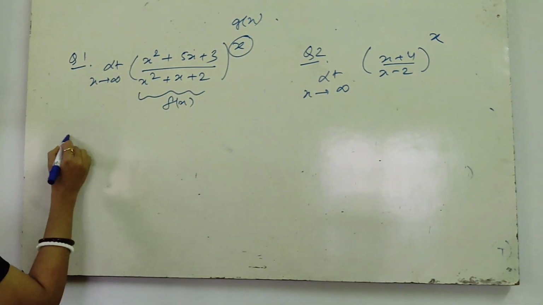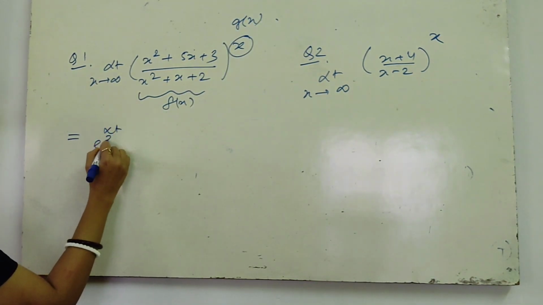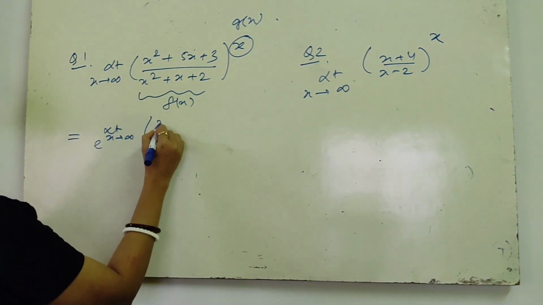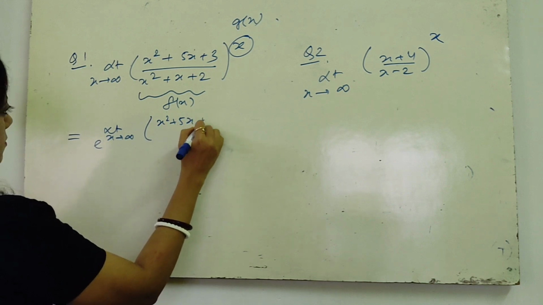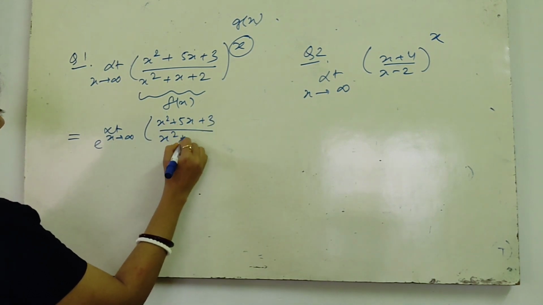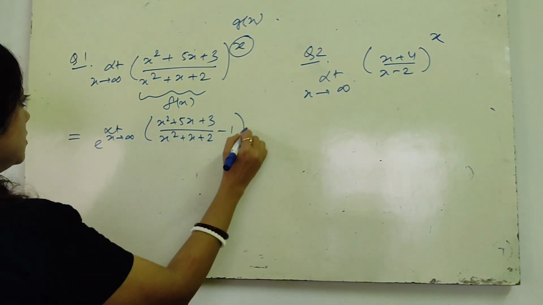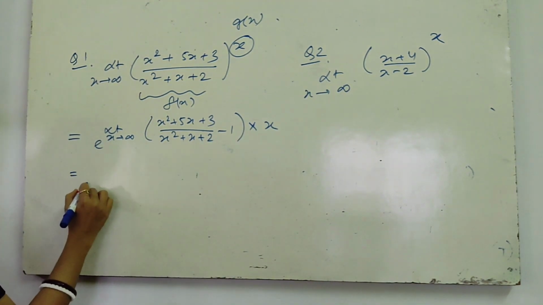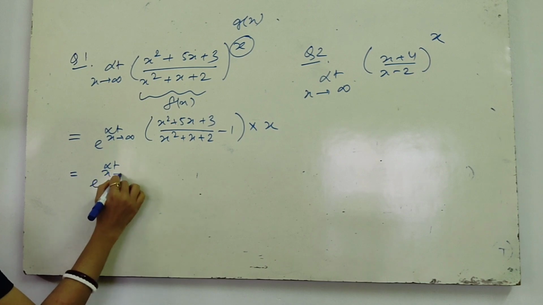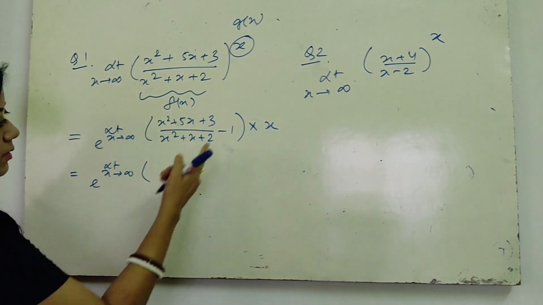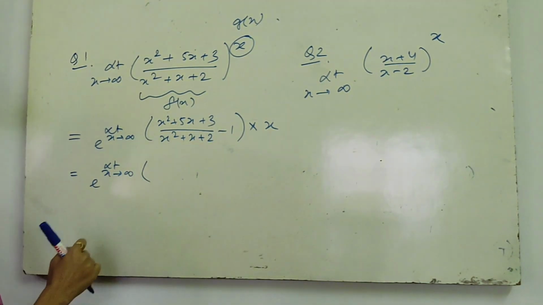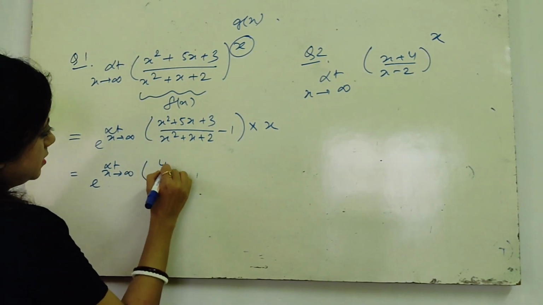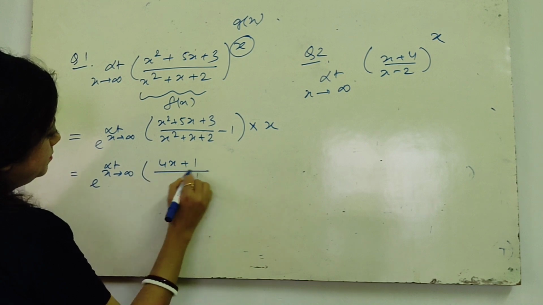What I told you: e to the power of the limit as x tends to infinity of (f(x) minus 1), that is, (x squared plus 5x plus 3)/(x squared plus x plus 2) minus 1, times g(x), equals e to the power of the limit as x tends to infinity. If I subtract, what I will get is that x squared will be cancelled, 5x minus x is 4x, and 3 minus 2 is 1.